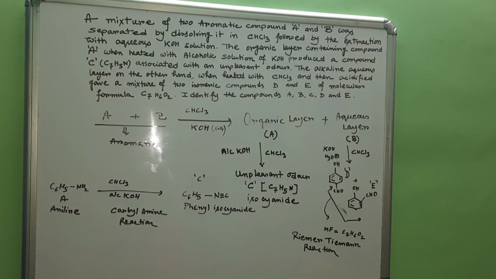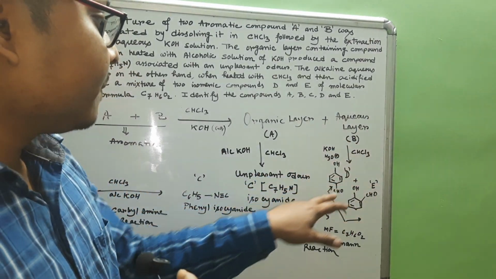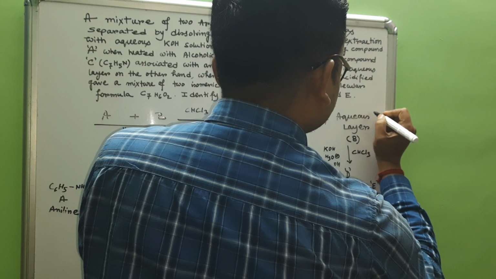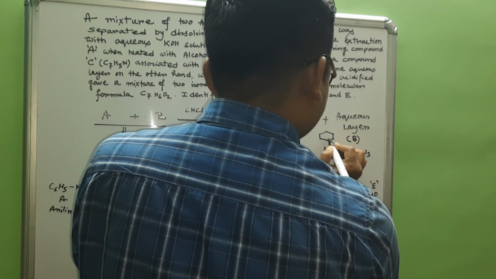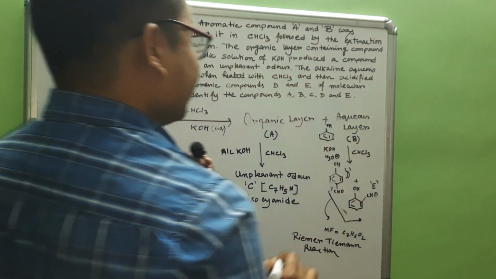So now we have got all this. This is A, and what is B? B should be phenol. Obviously, B should be phenol. This is B.